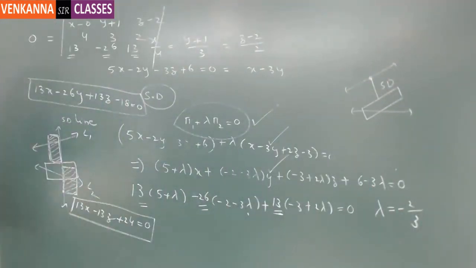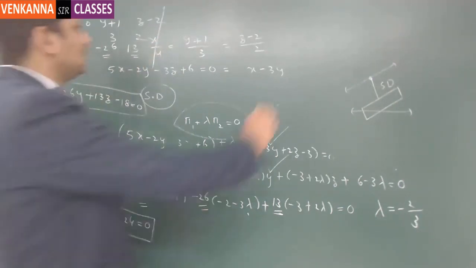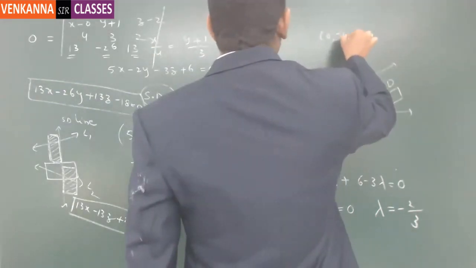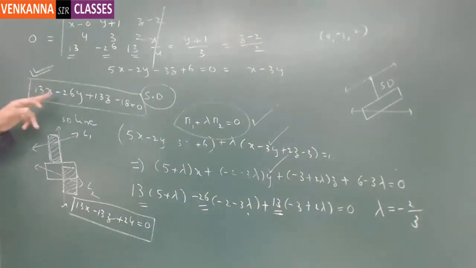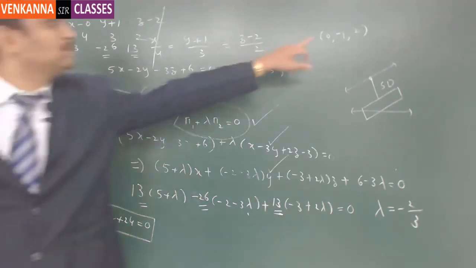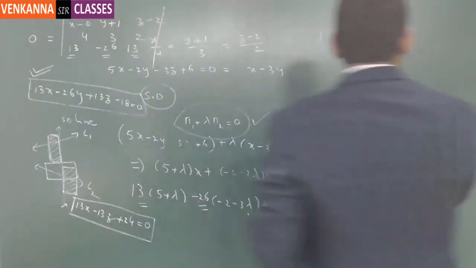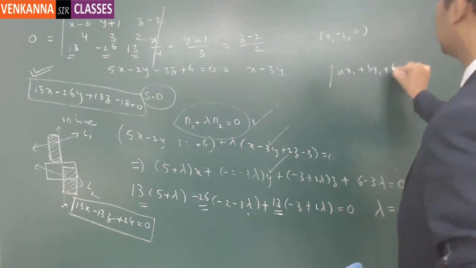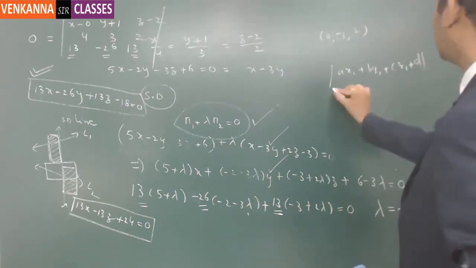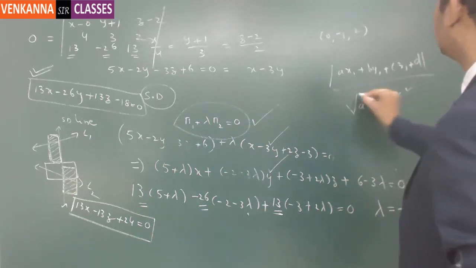So I want to calculate the SD value here. If you observe, the point on the first line is nothing but 0, -1, 2. And this is our plane which we have considered. So I want to calculate the distance from the point to the plane. You have the formula: modulus of ax1 plus by1 plus cz1 plus d by square root of a square plus b square plus c square.